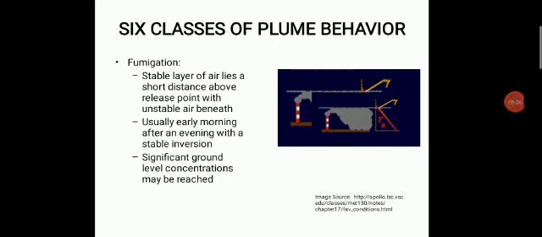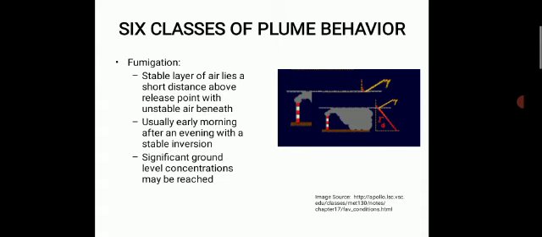Then fumigating plumes. In the early morning, if the plume is released just below the inversion layer, very serious air pollution could develop. The stable layer of air lies a short distance above the release point with unstable air beneath.